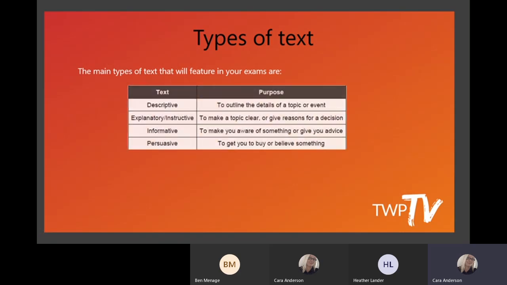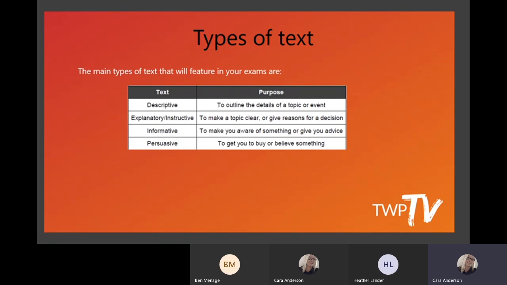Okay, so the main types of text that you're going to get in your exam, again, you're going to get 3 of possibly these. So you could have a descriptive text. This is going to outline the details of a topic or event.